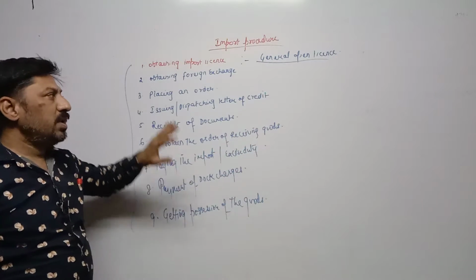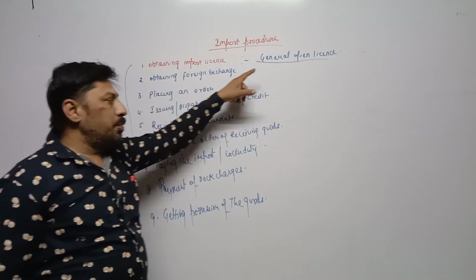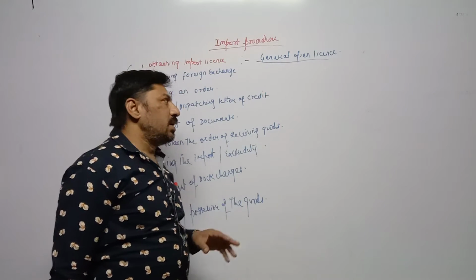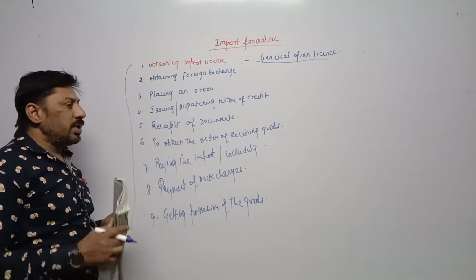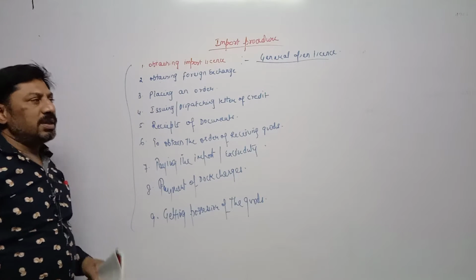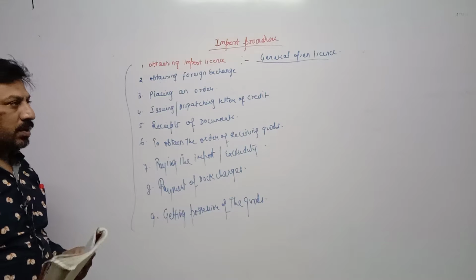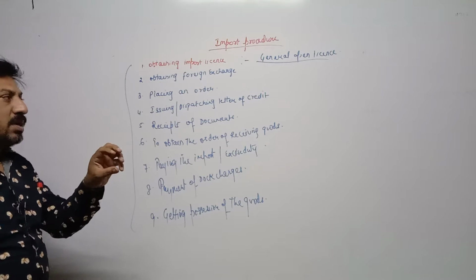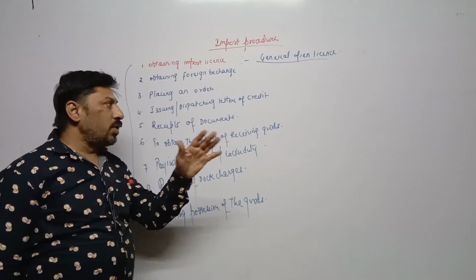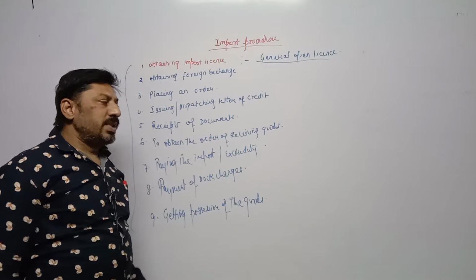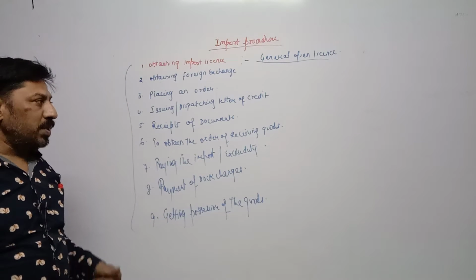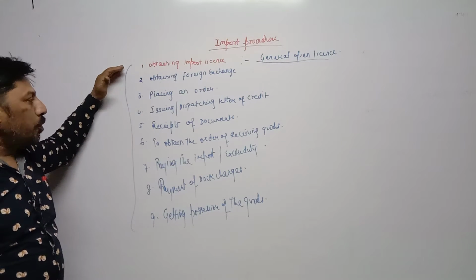If they do not have, they can get general open license from government very easily. But if they are importing such goods which are not in the list of government, the name of the commodities, the name of the raw material, then a long procedure is there, long formalities are there in order to obtain license.